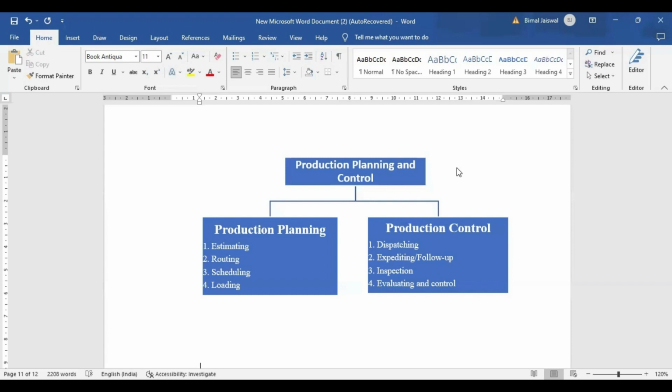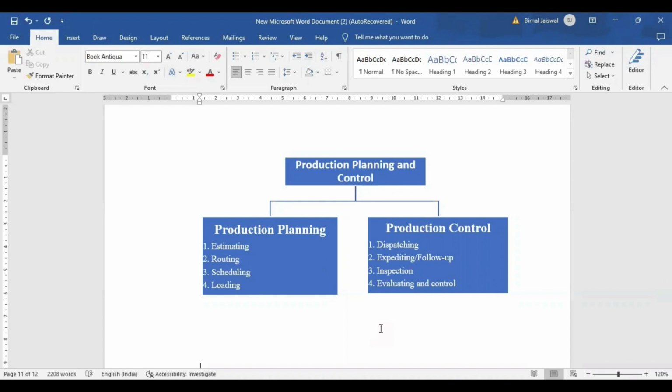Inspection is one of the major functions to be considered by production control, because inspection is what shows whether there is deviation in the production or not. And lastly is evaluating. Evaluating means evaluating what you have planned, whether you have received it or not.